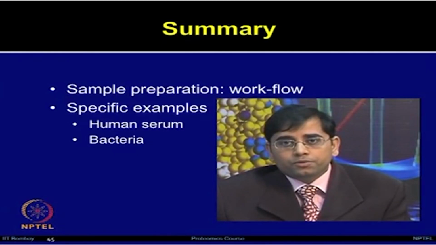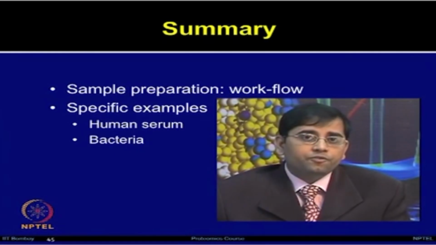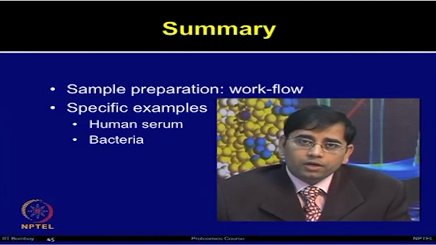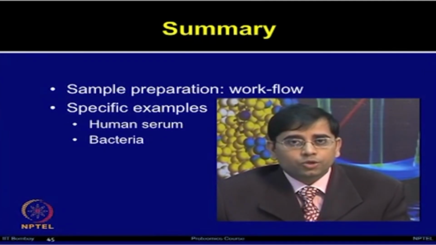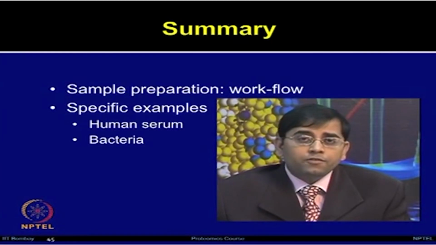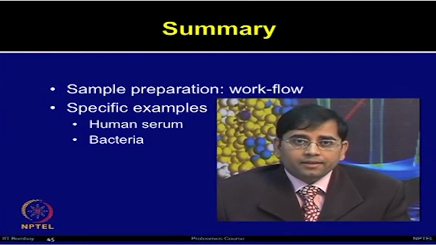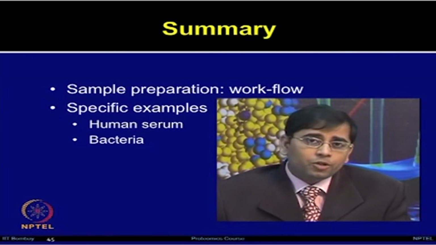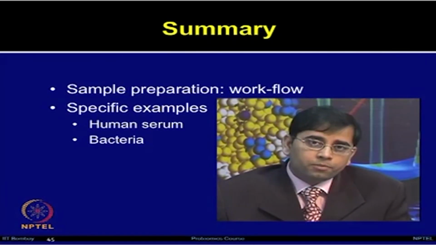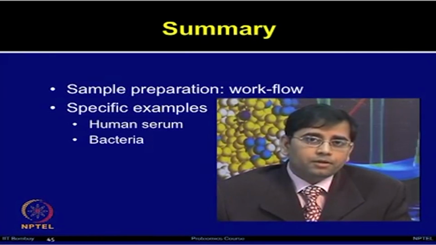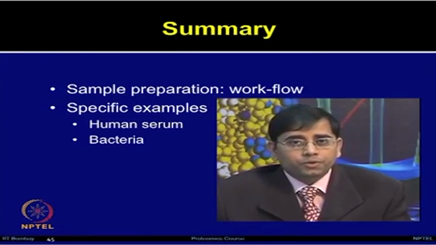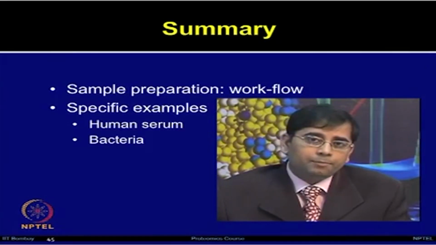Then we talked about removal of interfering components, and we also tried to look at the pros and cons for each of those. Then we moved on to looking at specific examples. I gave you a demonstration for how to perform human serum proteome preparation and analysis. Then we moved on to bacterial proteome sample preparation.